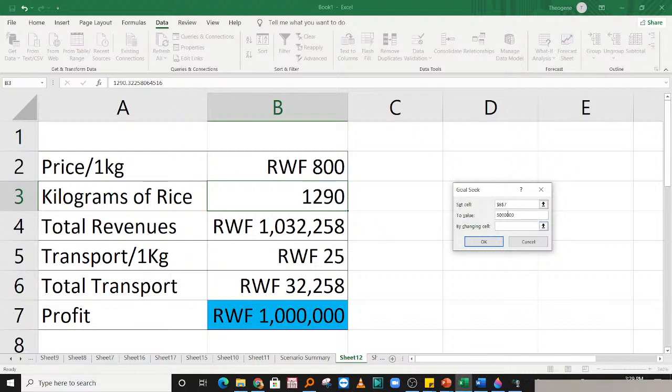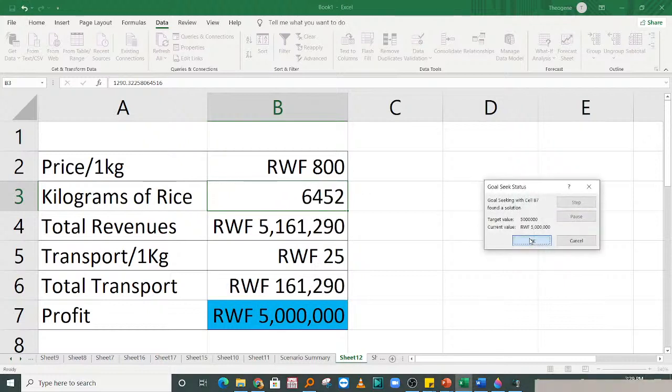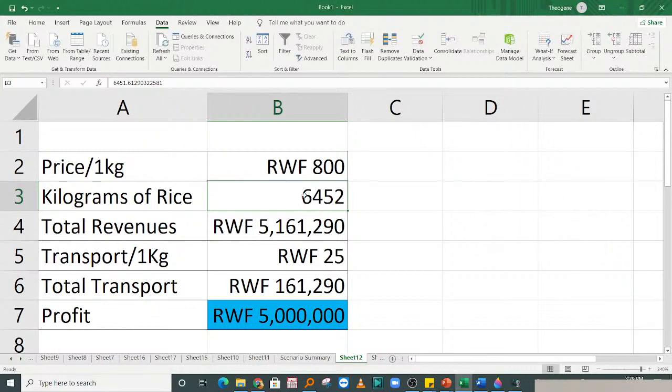So what would be the quantity by changing, okay, let's say for example yes, by changing this quantity, what is the quantity required to have 5 million? You see, it is calculated and it is 6,452 kilograms to obtain 5 million.